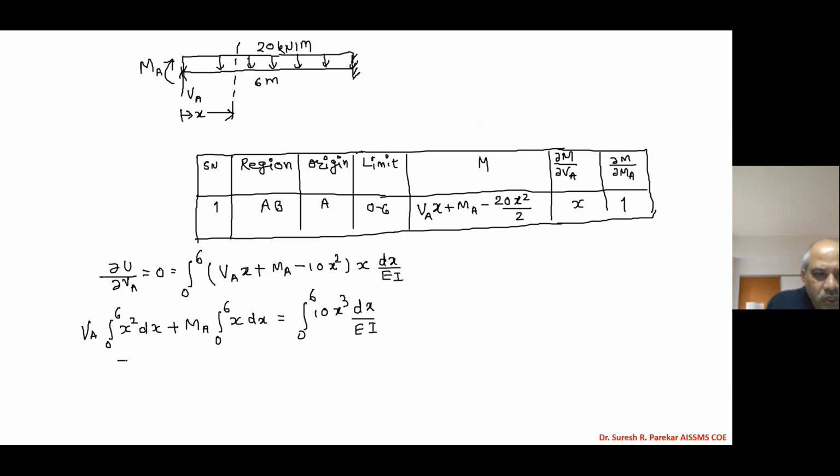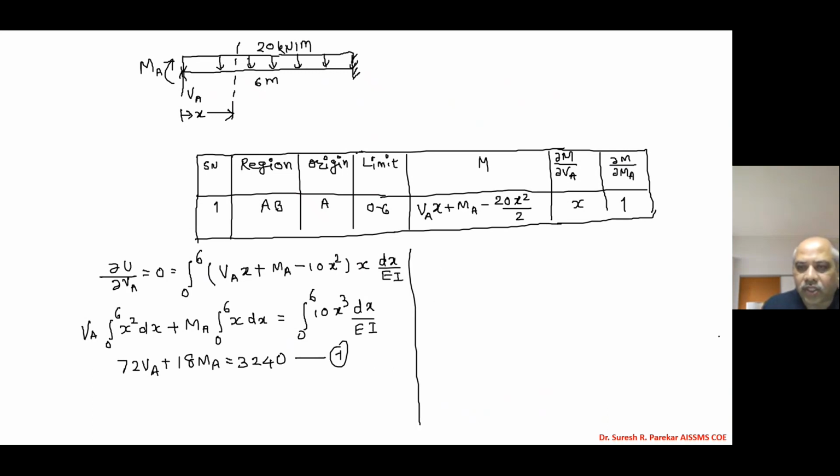So we have 72 VA plus integration of x from 0 to 6, which gives plus 18 MA, and that is equal to integration of 10x cube from 0 to 6, which has the value 3240. So this is equation 1.